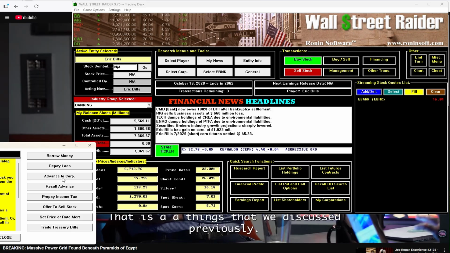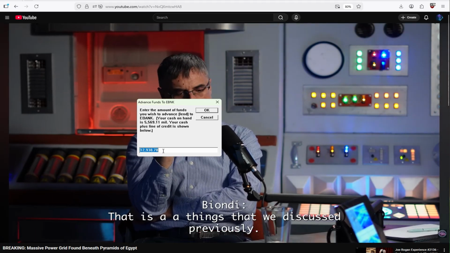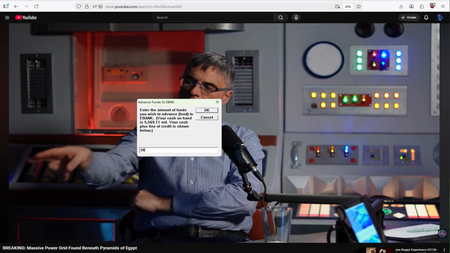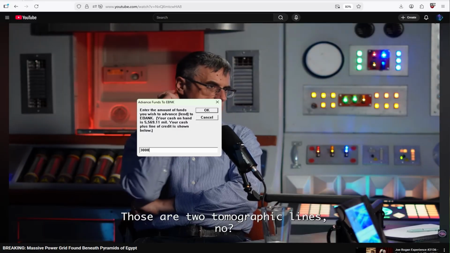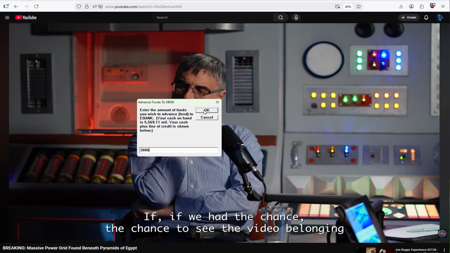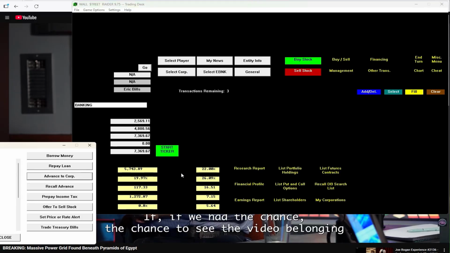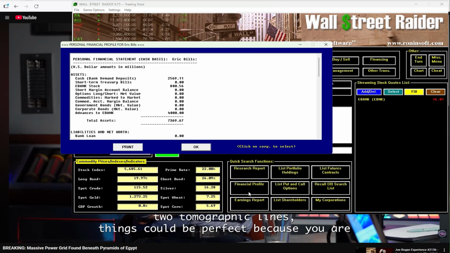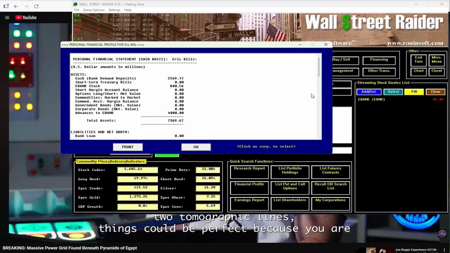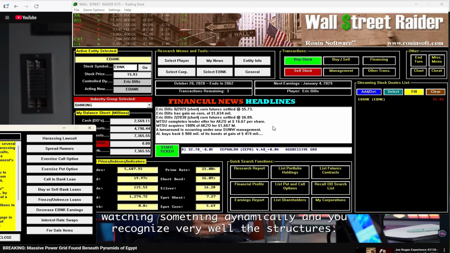That is things that we discussed previously. Those are two tomographic lines. If we had the chance to see the video belonging to the tomographic lines, things could be perfect, because you are watching something dynamically and you recognize the structures very well.